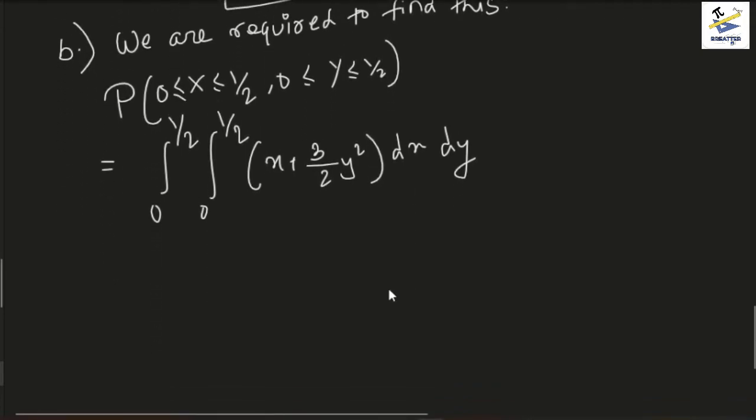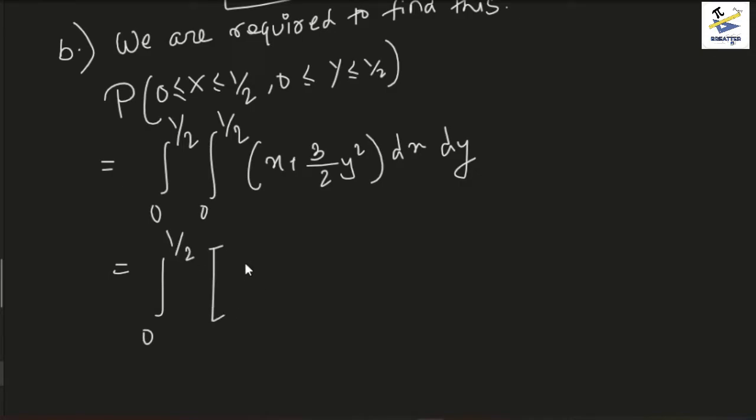And from this we get the outer integral remains intact while the inner integral evaluates like this: x square by 2 plus 3 by 2 y square from x equals 0 to x equals 1 by 2, dx dy.